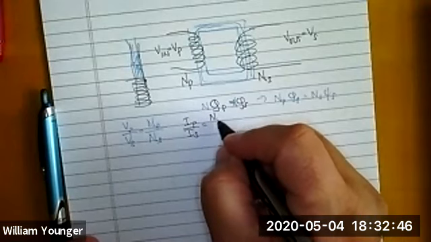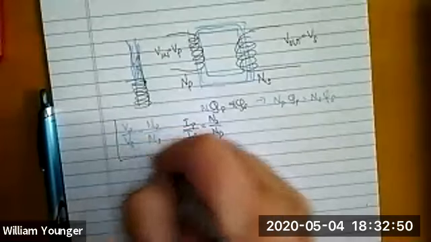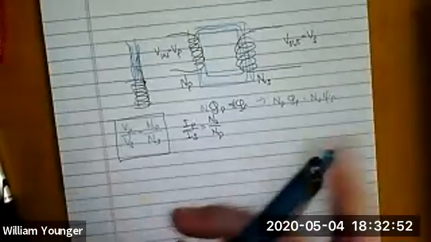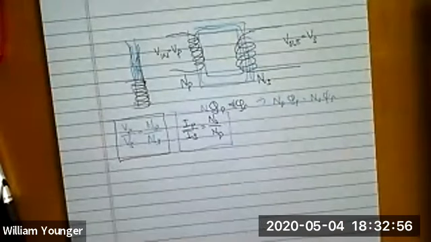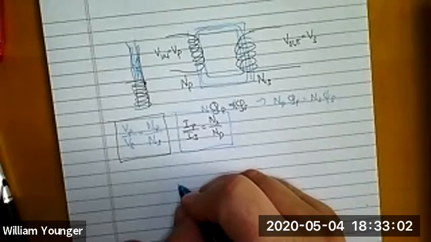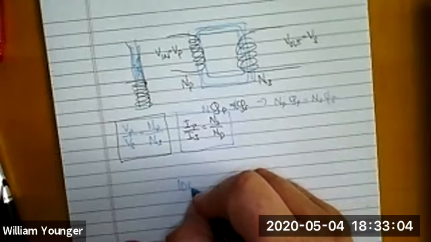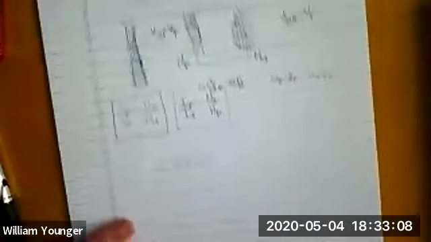So I'll get N secondary over N primary for this one. So here's one equation that's helpful, and this is called the transformer equation, by the way. That transformer equation says, let's say we have, from the power company, let's say 10,000 volts on the primary side, okay?